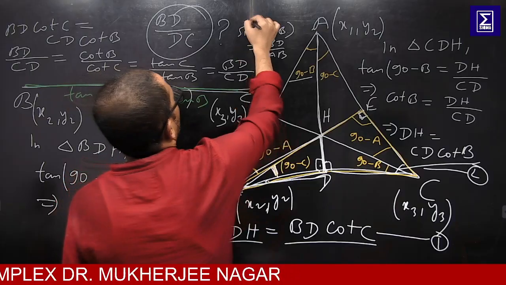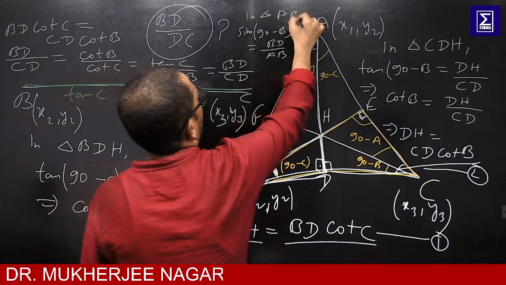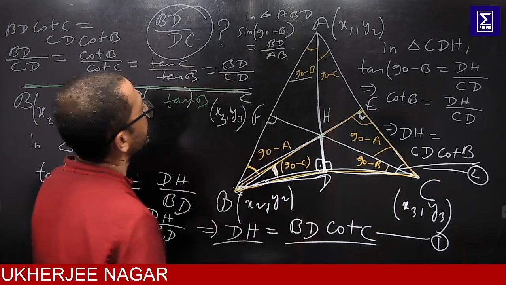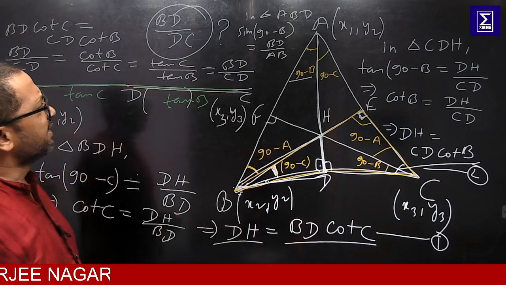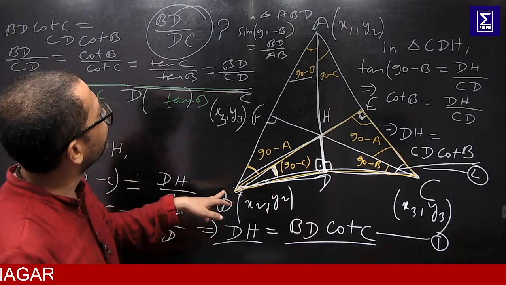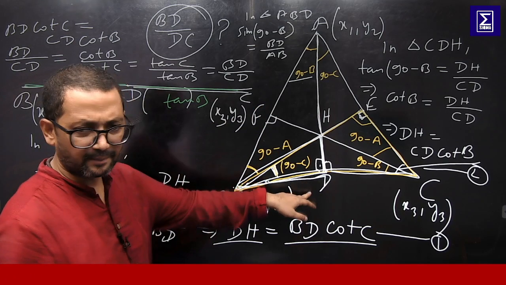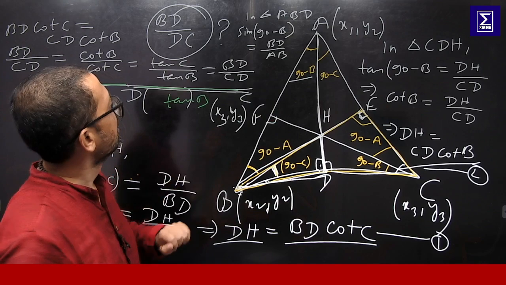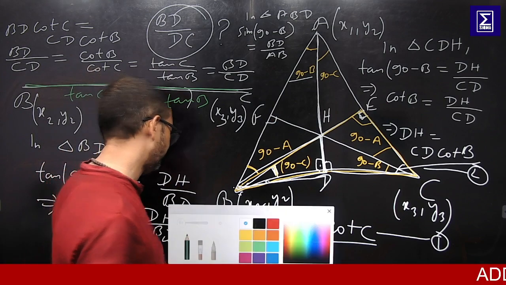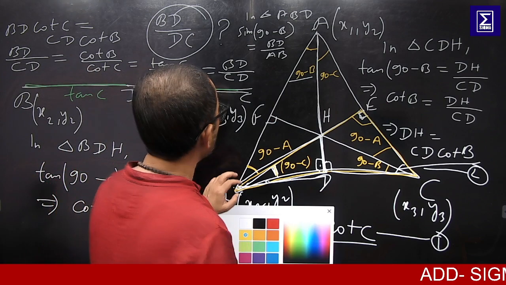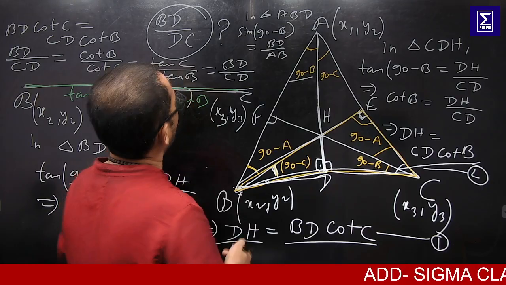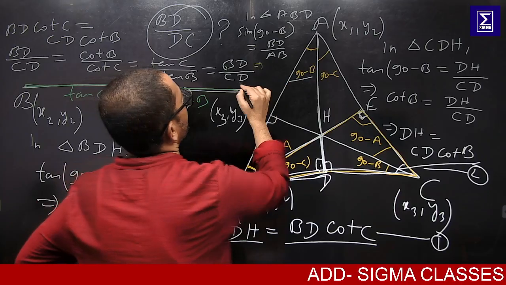In triangle ABD, sine 90 minus B is equal to BD, the perpendicular, upon the hypotenuse. What is sine 90 minus theta?